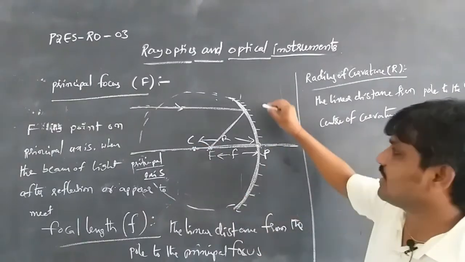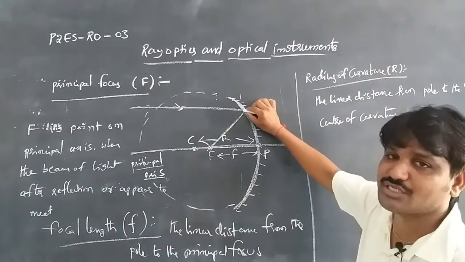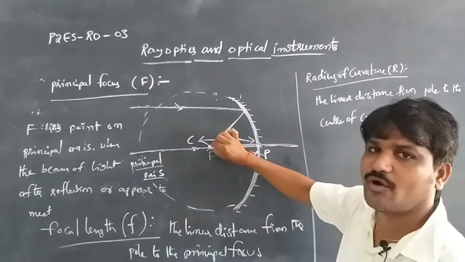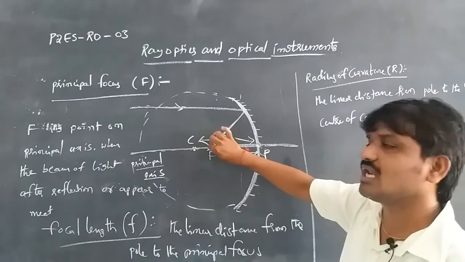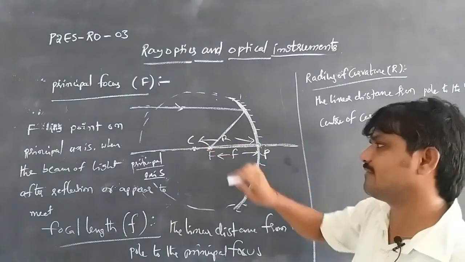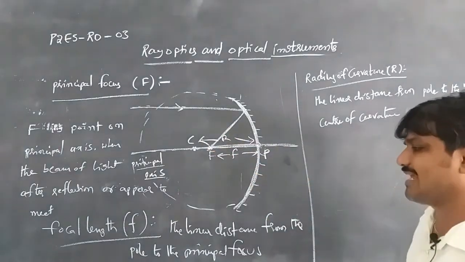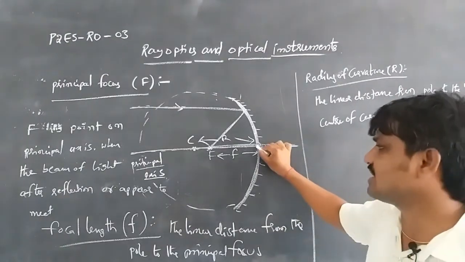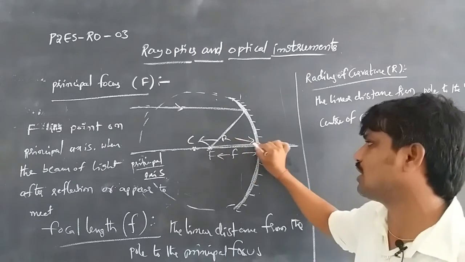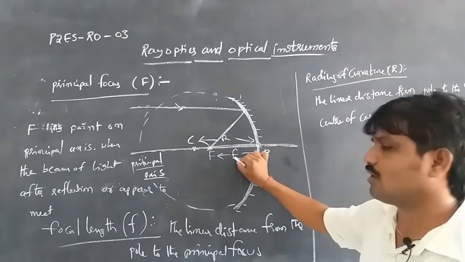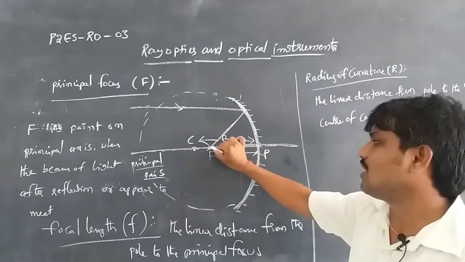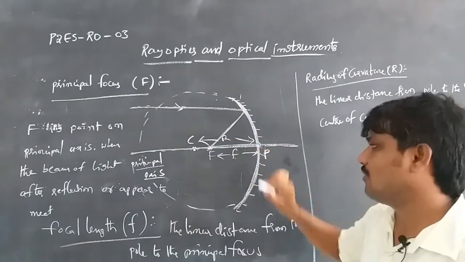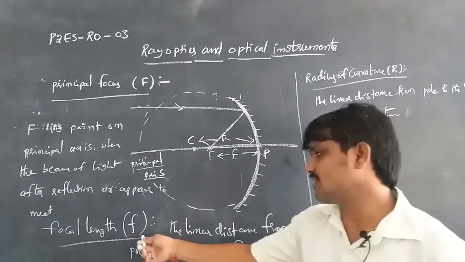That point is called the principal focus, denoted with F. Next, focal length means the distance between the principal focus and the pole, denoted with f.